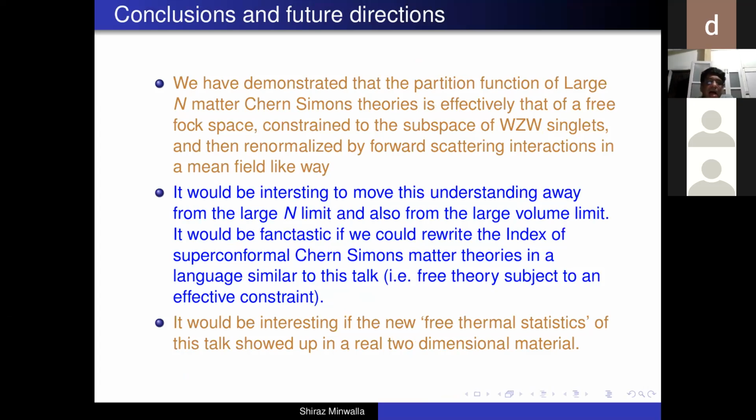It would be interesting to move this understanding away from the large N limit and also from the large volume limit. One target of opportunity here is the superconformal index of Matter-Chern-Simons theories. These formulas for the indices are known exactly, not just at large N. However, what they mean has never been clear.